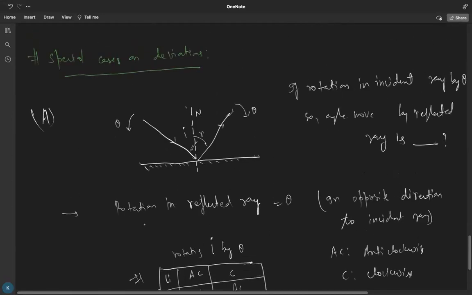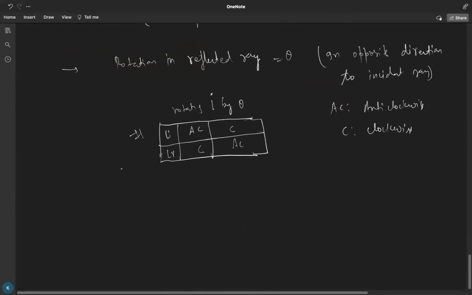So in this case, we are rotating the incident ray. What happens if I rotate the reflected ray? It will be the same. If you rotate the reflected ray, the incident ray will also be rotated by the same angle, but in the opposite direction, right? So let me write it here.